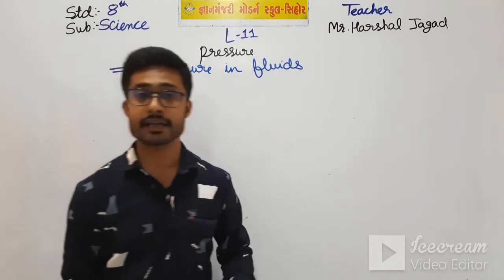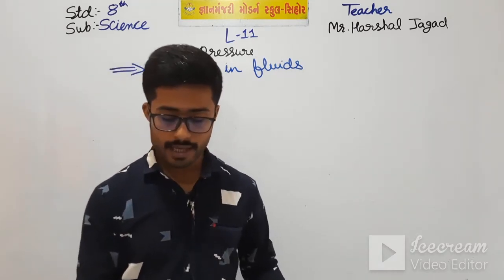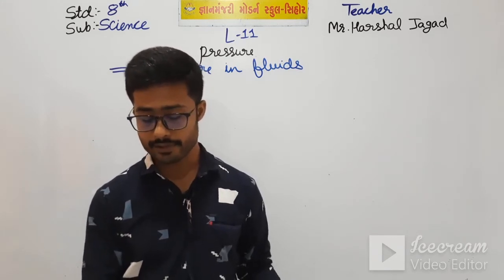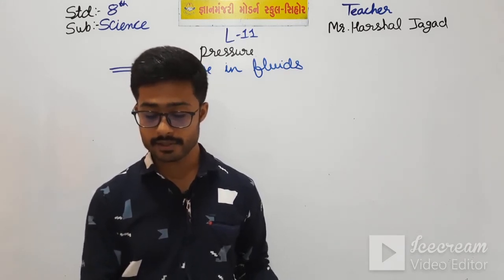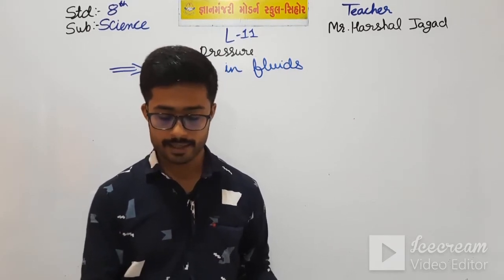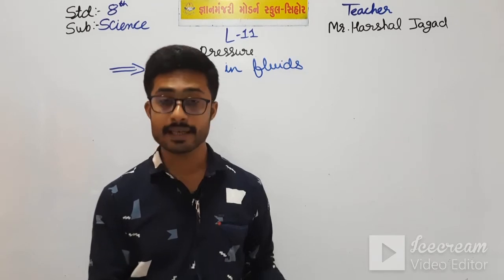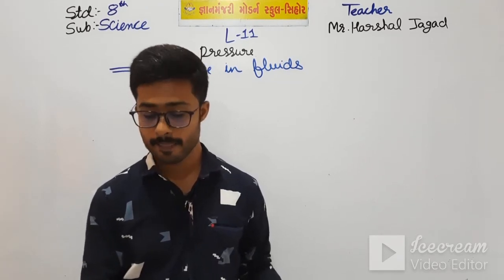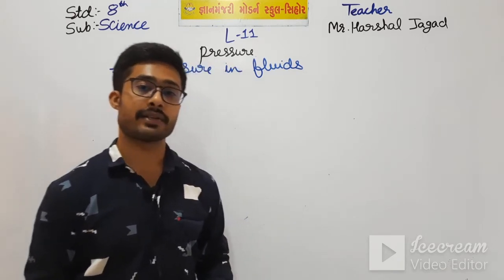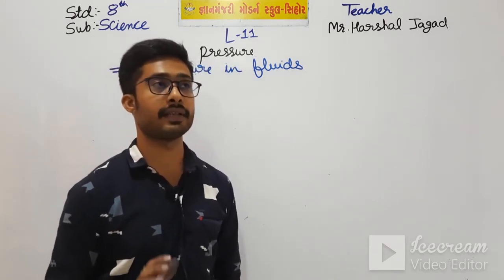Next, atmospheric pressure. We have just learned that air and all gases exert pressure. If air exerts pressure, what about the sea of air that we are living in? Does our atmosphere exert a pressure on us? Let us find out. First of all, what is atmospheric pressure?